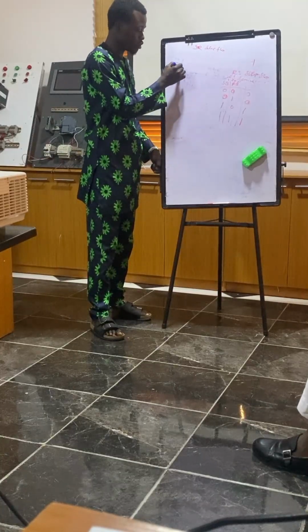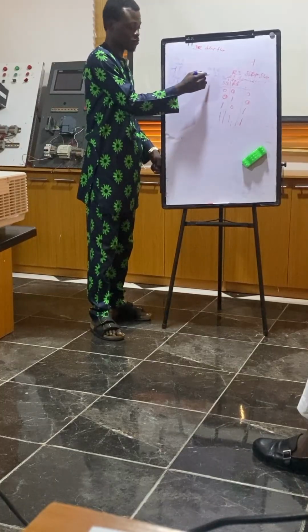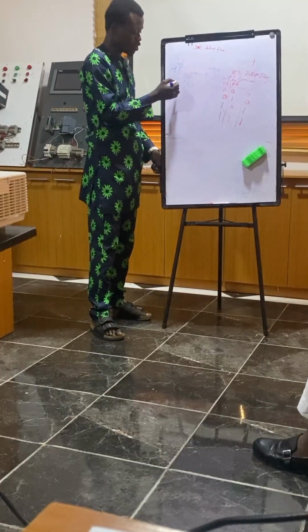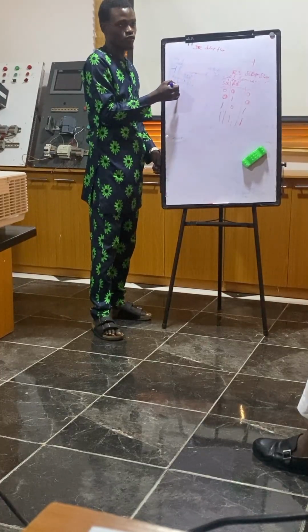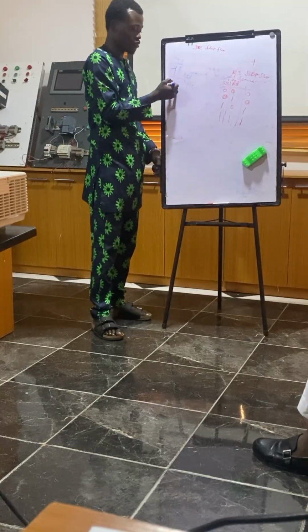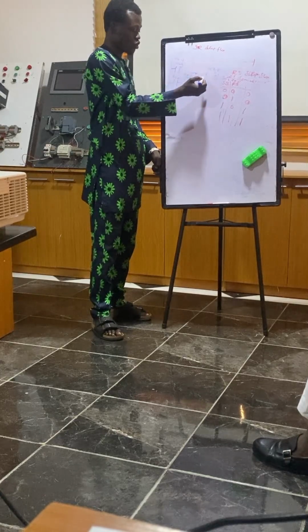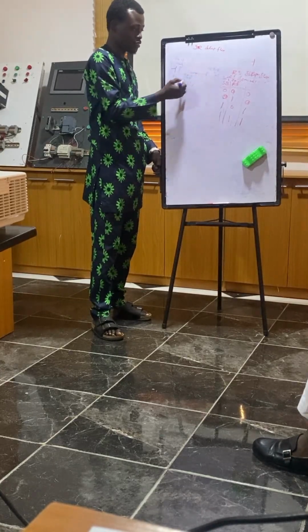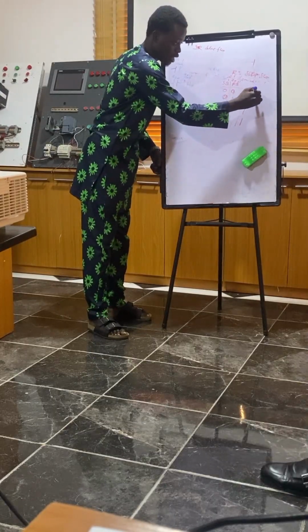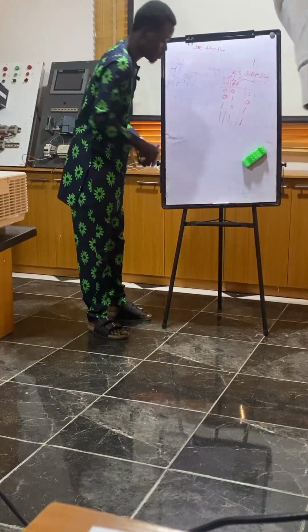You have 1, but this one is still 0. There is no signal at this point. Normally, this is supposed to supply a signal of 1 to this point, but this condition has not been met yet. This guy has not come on. The only time this condition will be met is when this is on. So for that reason, you still have 0 at this point. This confirms this particular line.